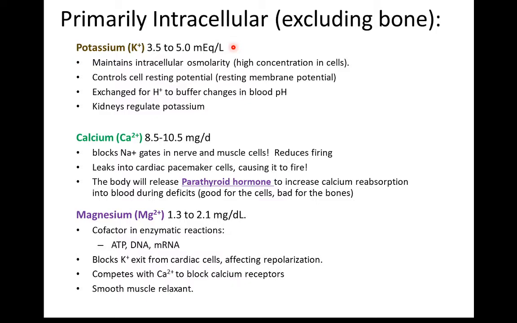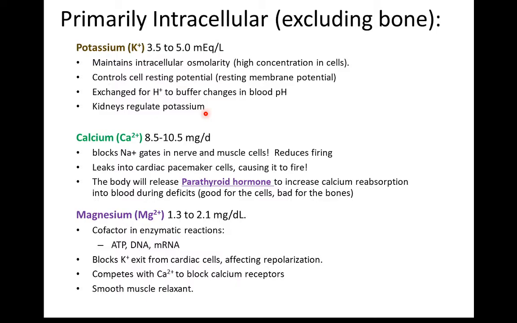Potassium is also important for resting membrane potentials, and potassium ions can be exchanged for hydrogen ions when blood pH is too acidic. The kidneys finally control potassium levels.